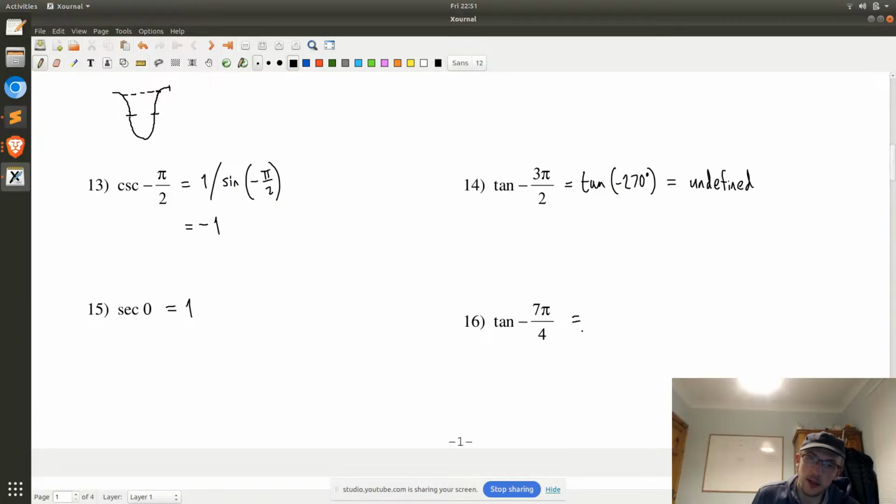Tangent of negative 7 pi over 4. So that's like negative 1 3/4 of pi. So 3/4 of that. So it's 45 degrees less than negative 360. So in other words, like 315. So anyway, all right. So it goes down to negative 90.